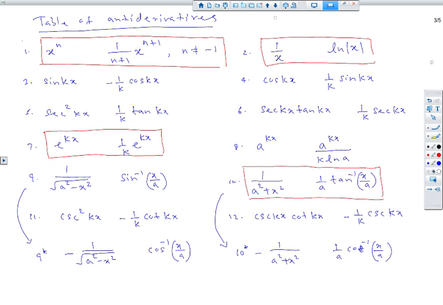You can see that in number 10 we have 1 over a squared plus x squared. If you see 1 over a squared plus x squared, it is 1 over a tan inverse x over a. So we can use that formula now.